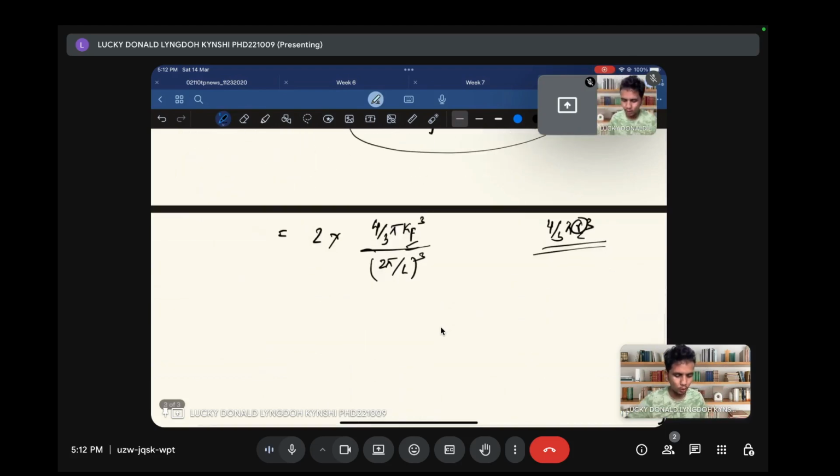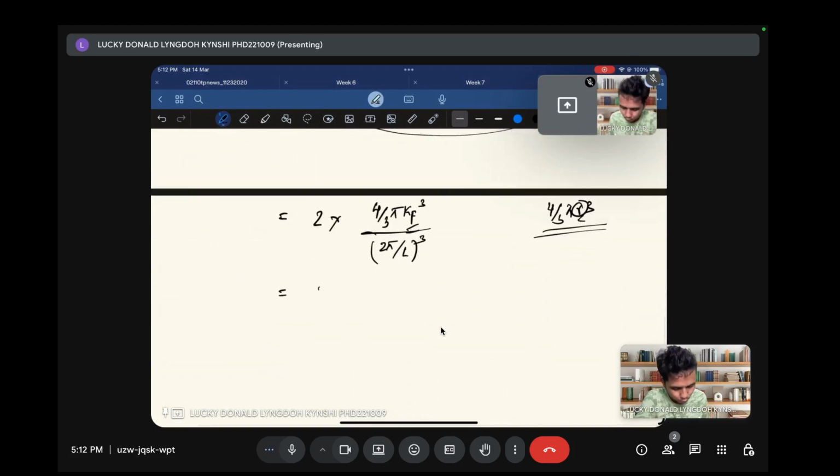So now you can write 2 times 4 by 3 pi kf cubed divided by 2 pi whole cubed by V. Now what will happen?